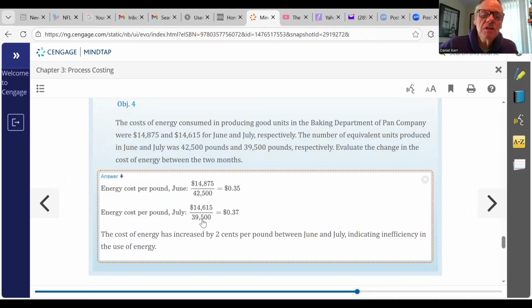So although we produced less equivalent units, notice that the energy cost ticked up. So the cost of energy has increased by 2 cents per pound between June and July, indicating inefficiency in the use of energy. It could also reflect an increase in the utility rates, but that's the way we want to investigate it. And the only way we can investigate it is to get the cost. If you want to compare one period to the other, you've got to get the cost per equivalent unit.